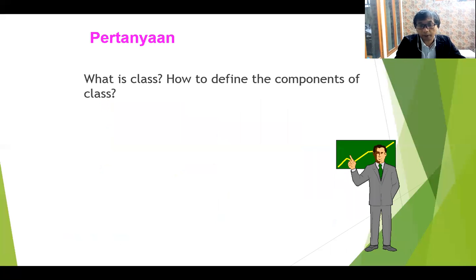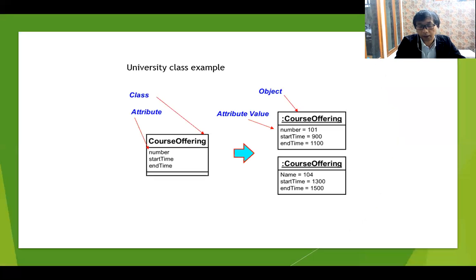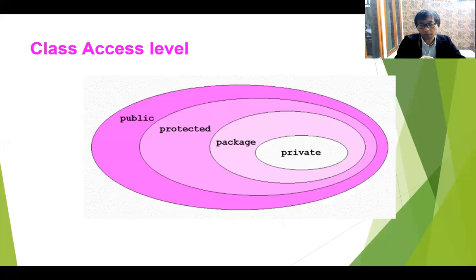And for the public access level, it means that you don't have any protection, or you don't have any class access protection for the method or the attribute. So if you set the component to public, then all the classes can access it freely and directly.